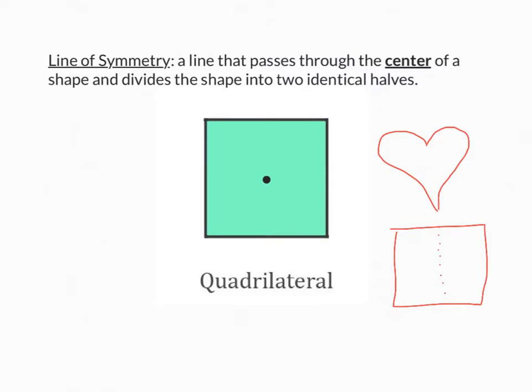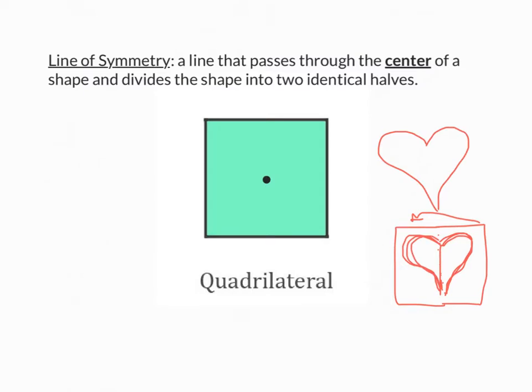When your paper was folded in half, you would cut this shape, and then when you opened your paper back up, it would have the matching symmetrical side. You'd have the crease down the middle, and that crease tells you that everything on this side is exactly the same as what's on this side.